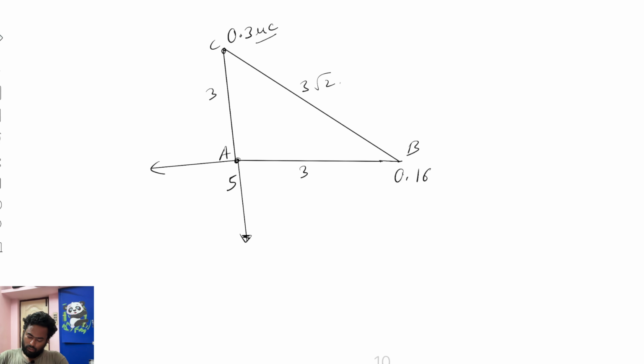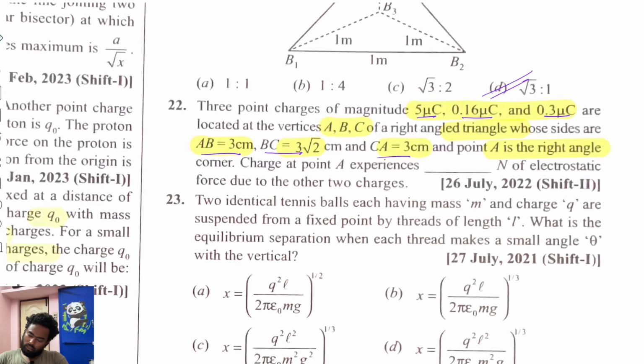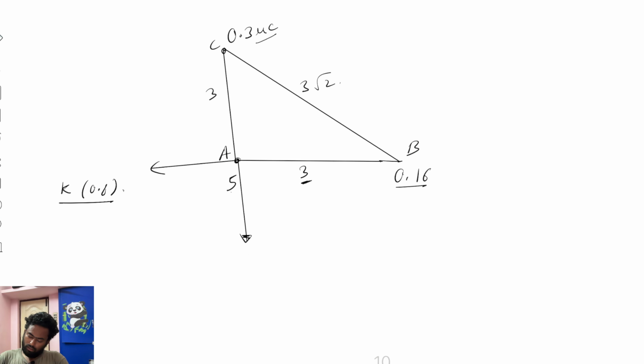Let's calculate the value of forces. So here will be how much? K Q1 Q2, 5 into 0.16. How much it will become? 0.8. 0.8. Distance is 3 centimeter, no? Charges are given in microcoulomb, distance in centimeter. Okay. So microcoulomb means 10 power minus 12.